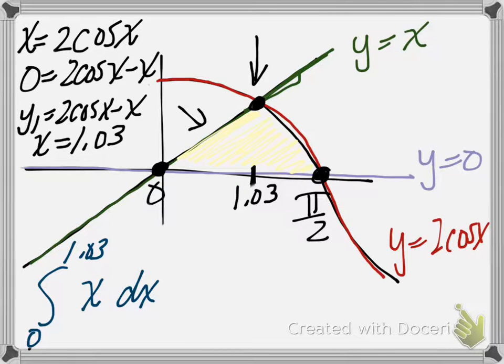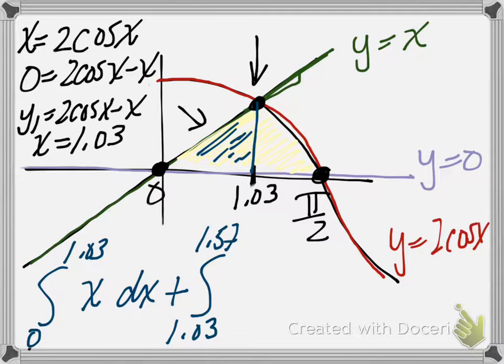That is going to get me my area of this piece right here. Now, to that, I'm going to add the next piece, which goes from 1.03 to 1.57, which is the pi over 2. Now the function on top is the red function, so that's 2 cosine x, minus the bottom function, which is just 0, so that's a dx. And that's the problem we have to solve.